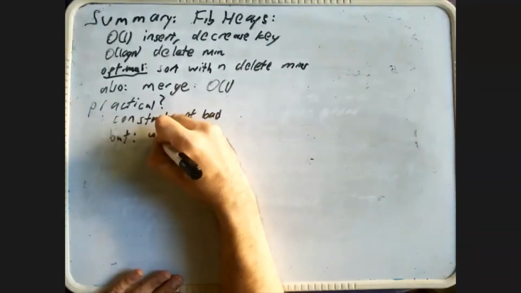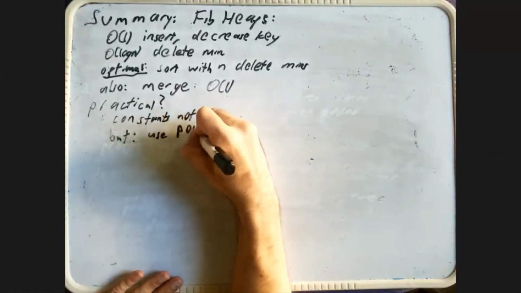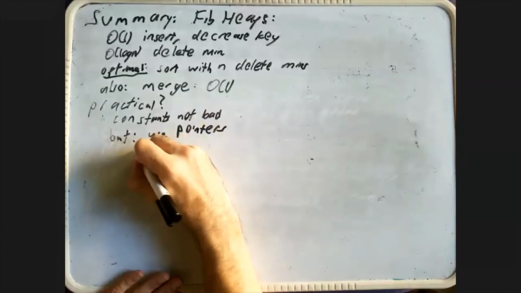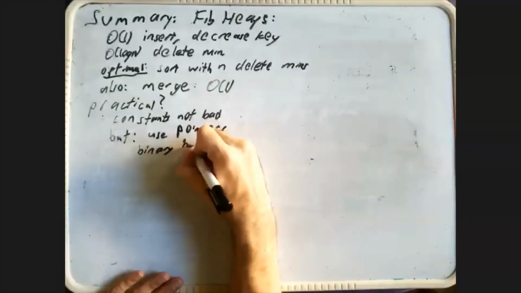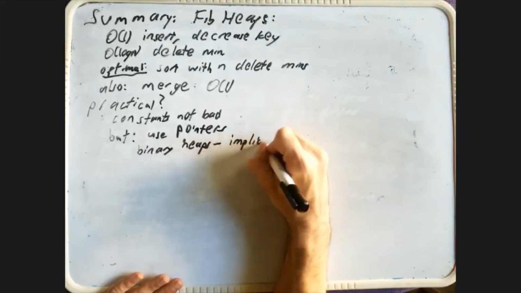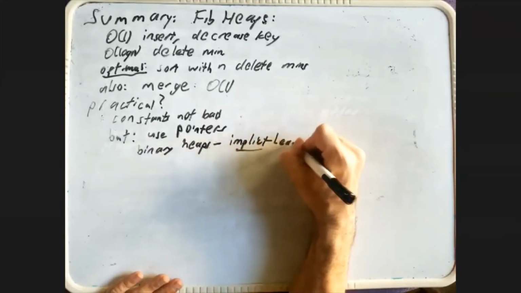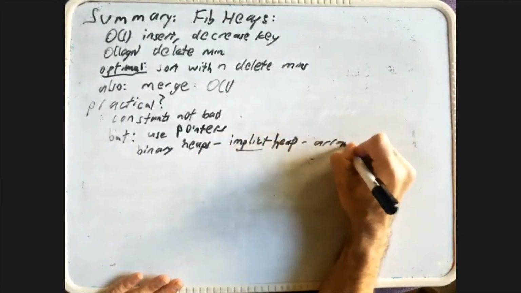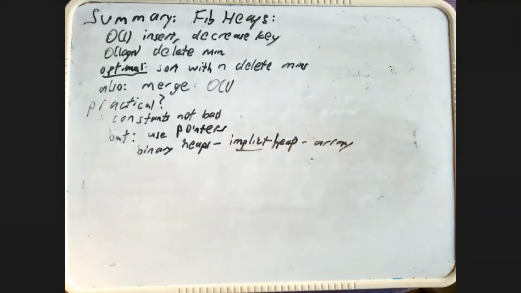So Fibonacci heaps use pointers. Okay. Binary heaps are an instance of what are called an implicit heap, which stores the keys in an array and just uses position in the array to tell you about the arrangement of the tree.